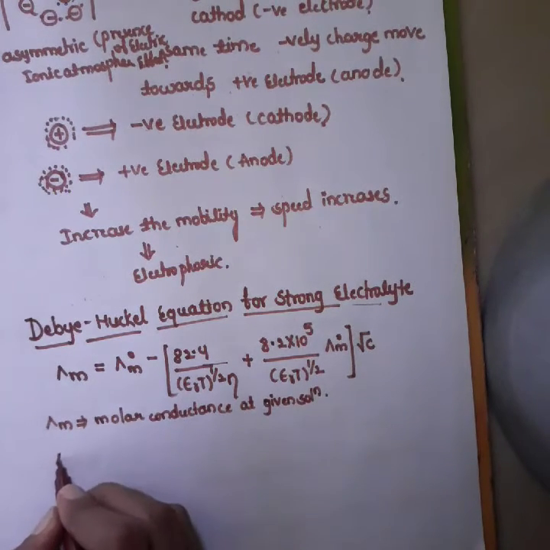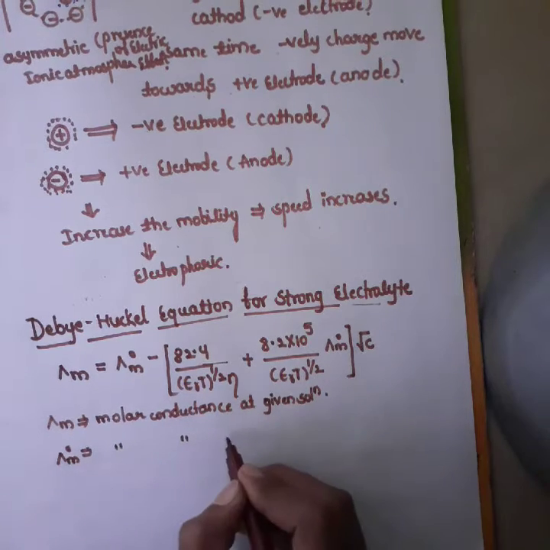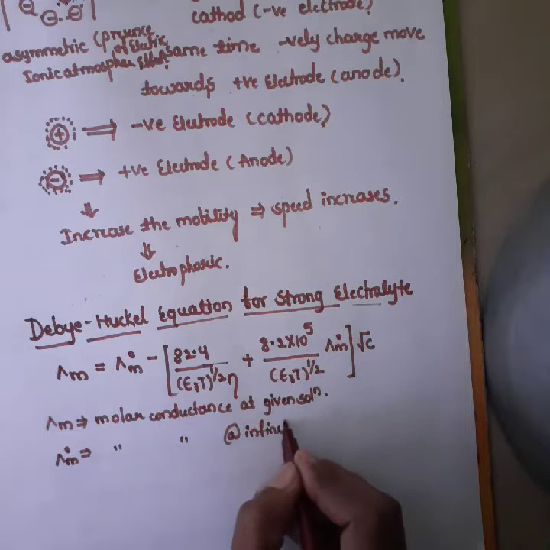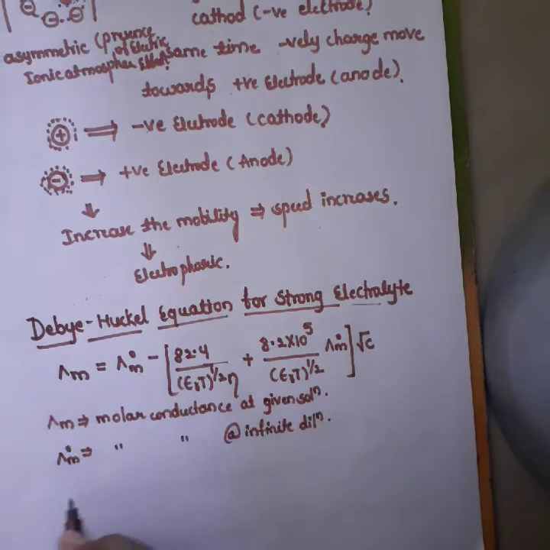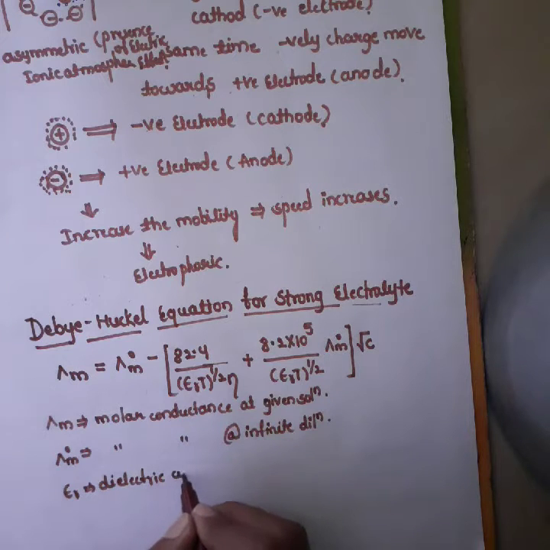Lambda m naught is called the molar conductance at infinite dilution. Epsilon r is called the dielectric constant.